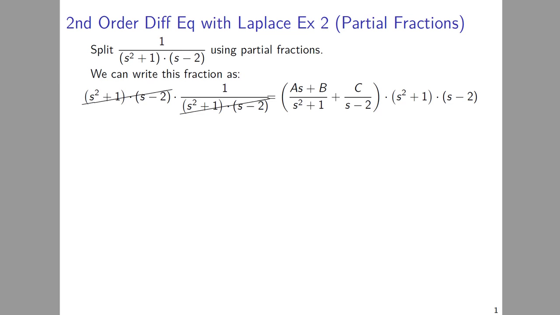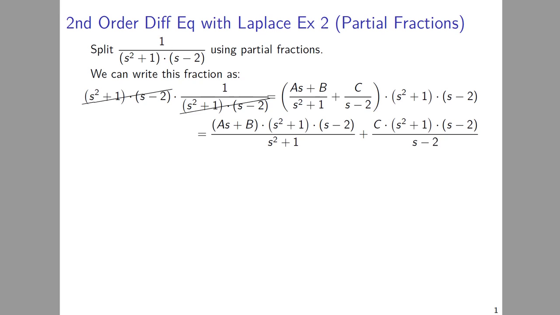On the right-hand side, we'll need to distribute (s squared plus 1) times (s minus 2) to each of our terms, which gives us (as plus b) times (s squared plus 1) times (s minus 2) over (s squared plus 1), plus c times (s squared plus 1) times (s minus 2), all divided by (s minus 2).